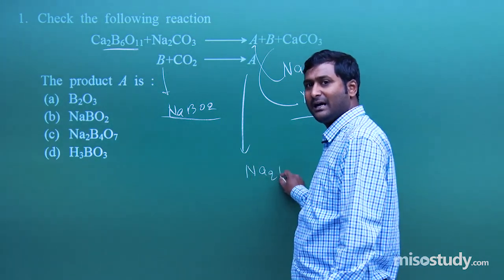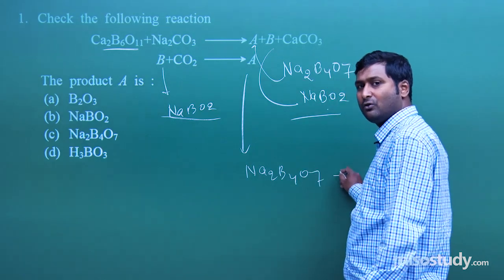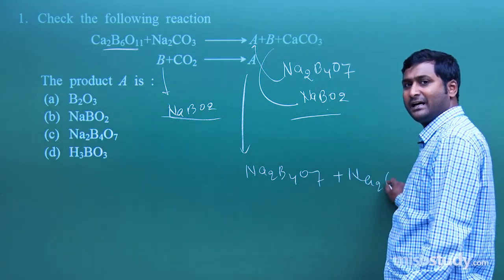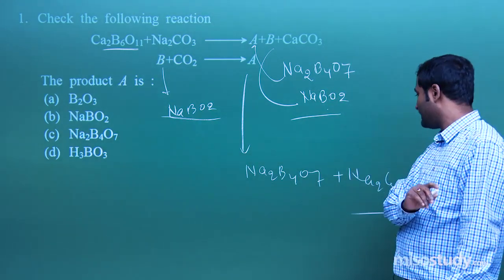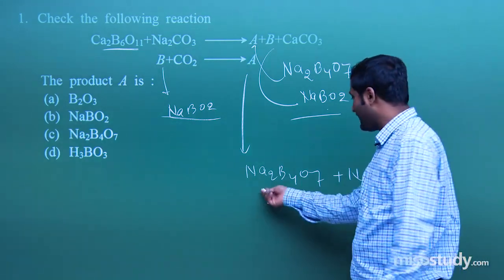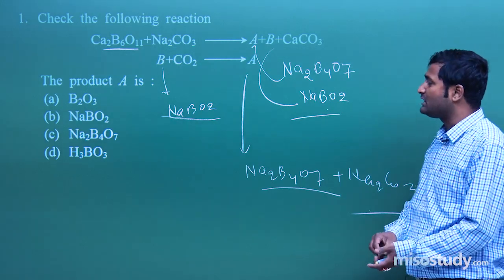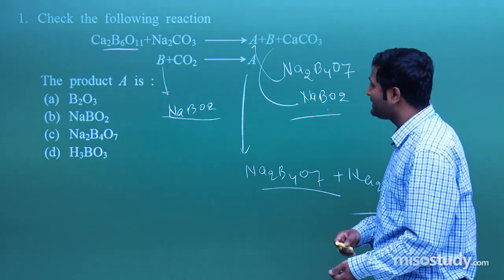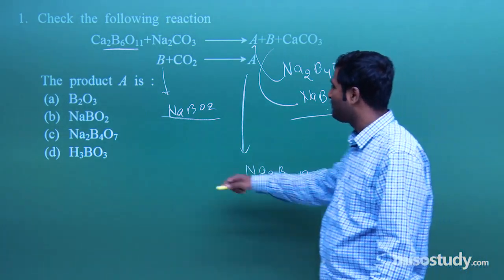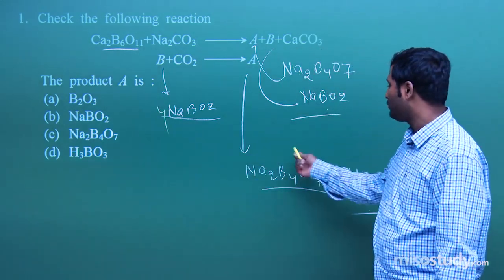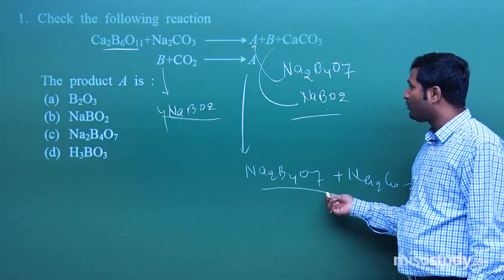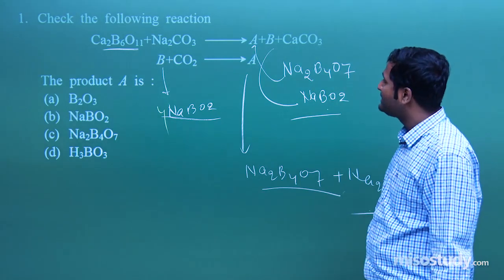Again it will give Na2B4O7 plus Na2CO3. Clear what I'm telling? For this reaction, I'm not going to balance it, simply put 4 NaBO2 and you will get Na2B4O7 and Na2CO3.